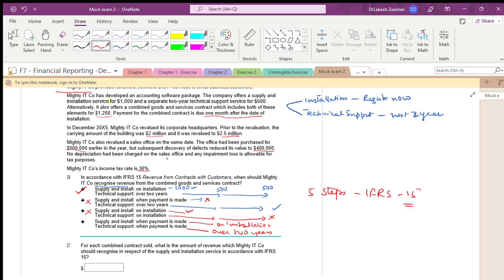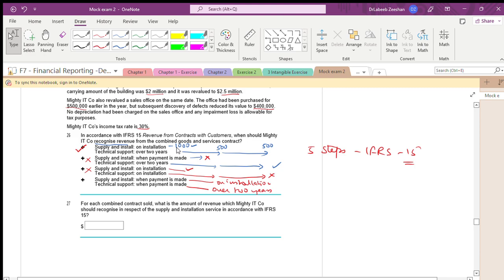For each combined contract sold, how much are they talking about?